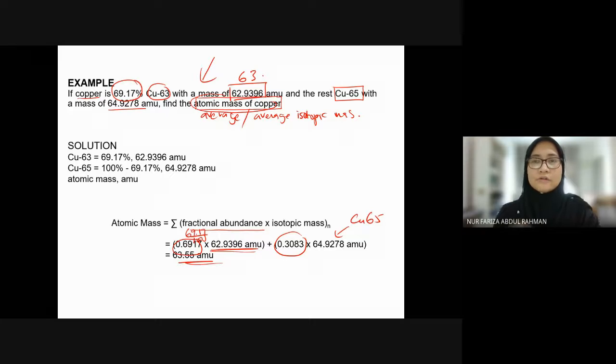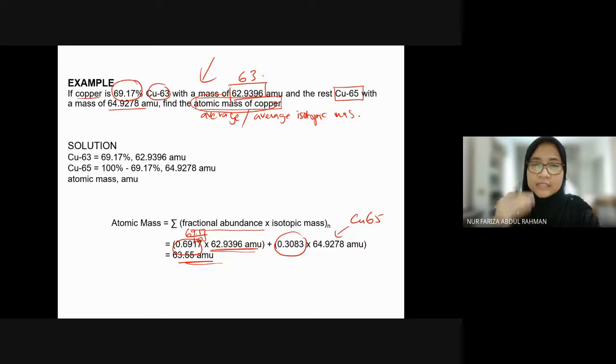So carry forward, follow through from the start until the end, and then lastly give your answer based on significant figures or decimal places. I don't know how students do it, but somehow they just simplify things so that it would be easier for them to calculate.